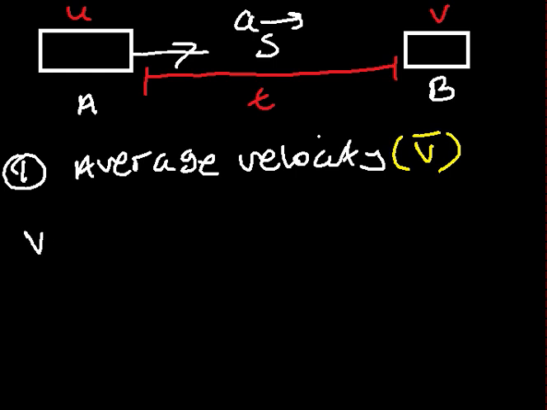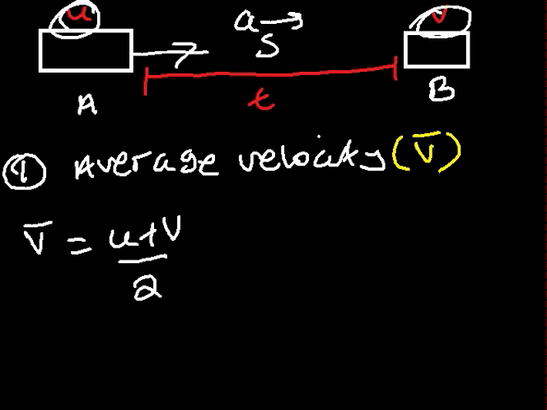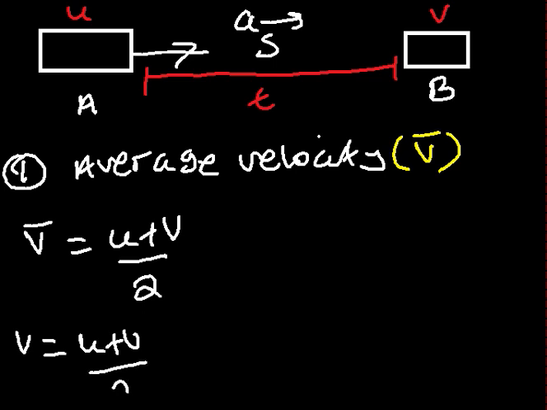The average velocity v bar is given as the initial velocity plus the final velocity divided by 2, since we have two velocities, initial as well as final. So the average velocity is v bar equals u plus v divided by 2.